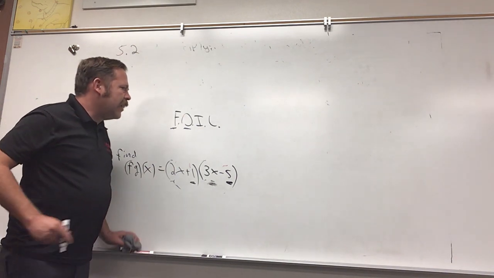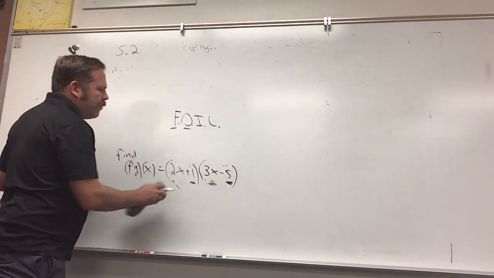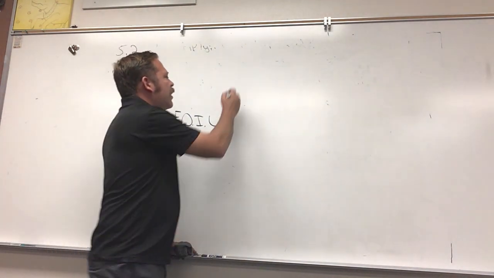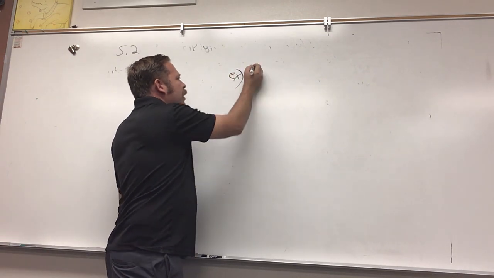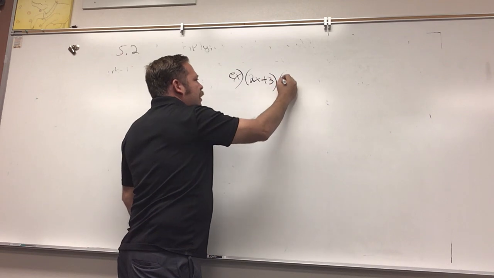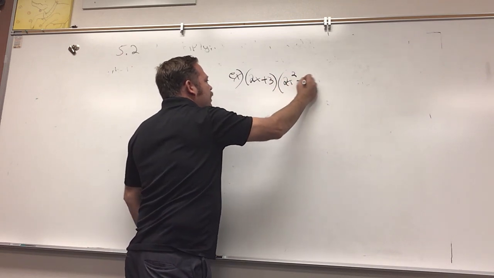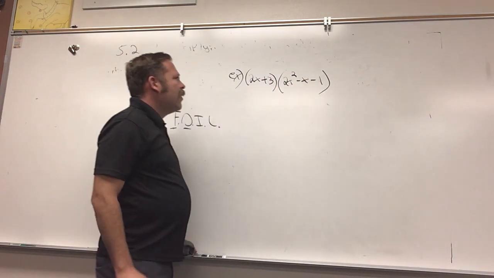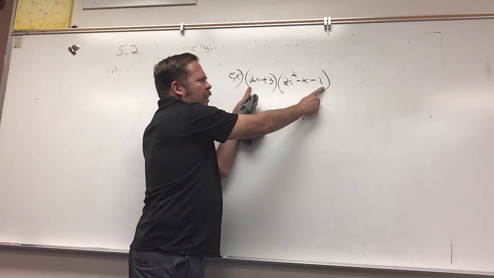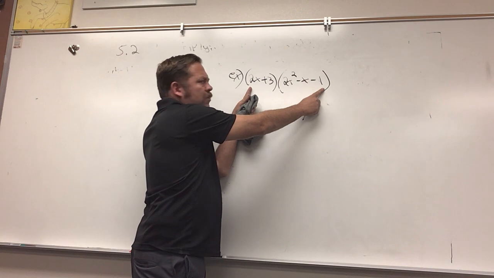And when you get to real polynomials that you're going to multiply, when you get further along in math, like we're going to do this next one right here. Let's say I've got 2x plus 3 times 2x squared minus x minus 1. Well, they both have a first term, they both have an outer term, I suppose.